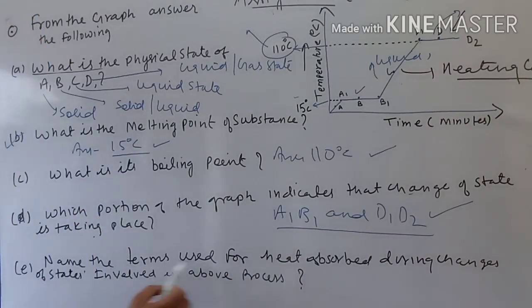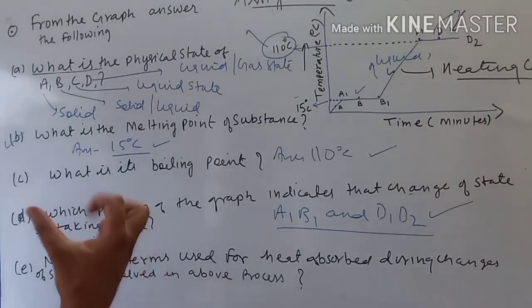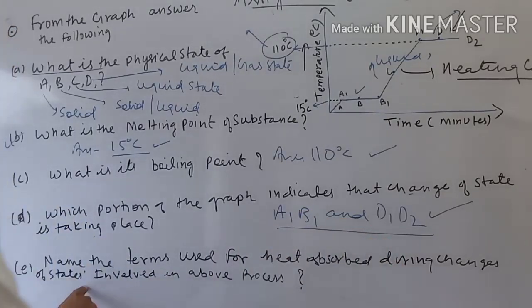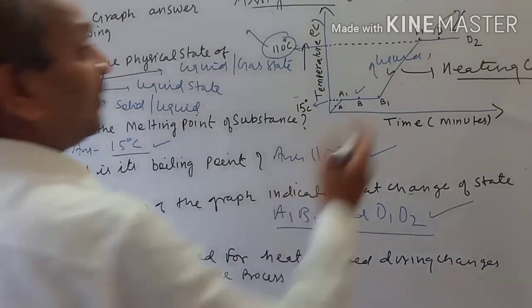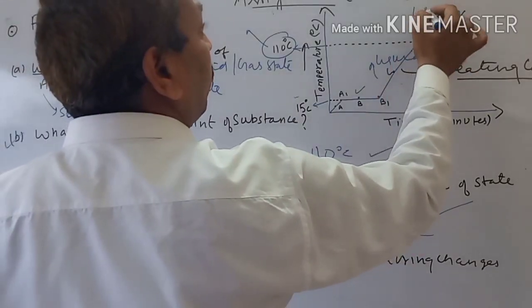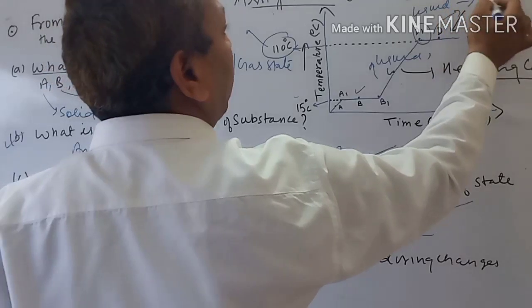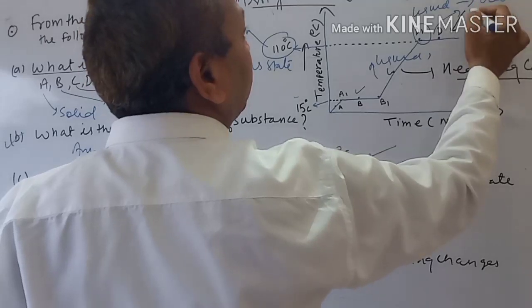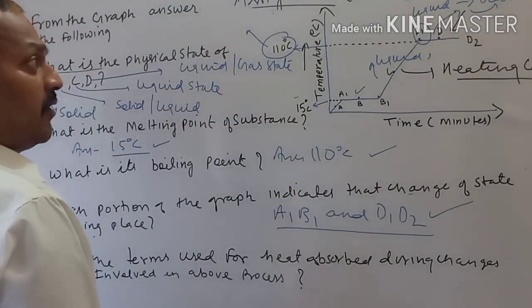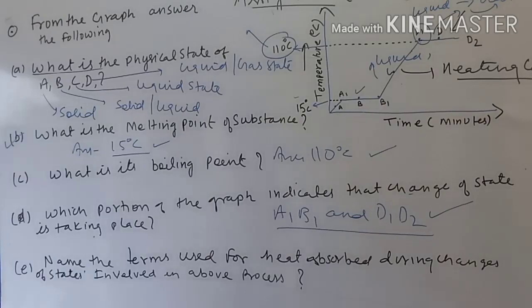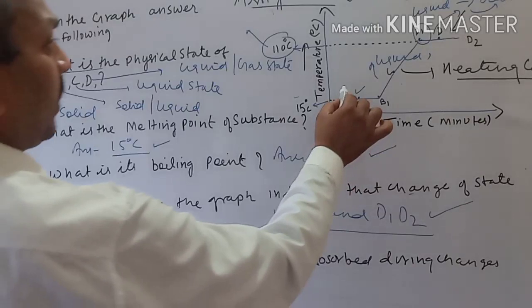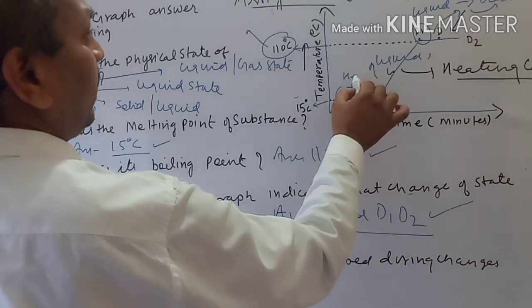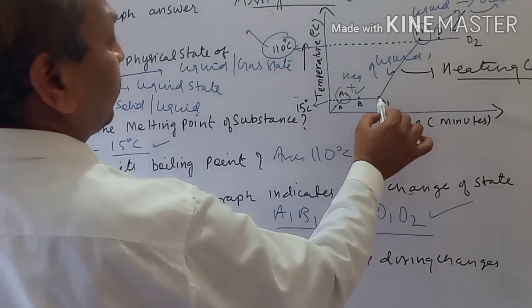Now name the terms used for heat absorbed during the change of state involved in our process. Heat absorbed means, when any liquid converts into gas, the liquid absorbs heat and then it converts into gas. That is D1 D2. Here also heat is absorbed when solid converts into liquid.